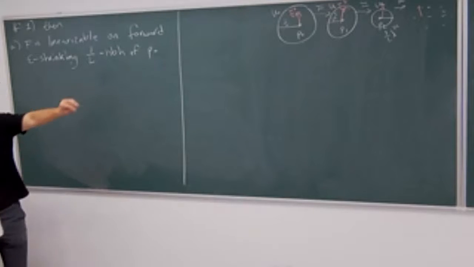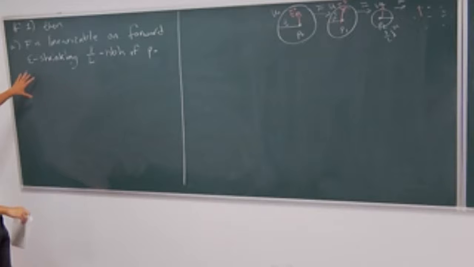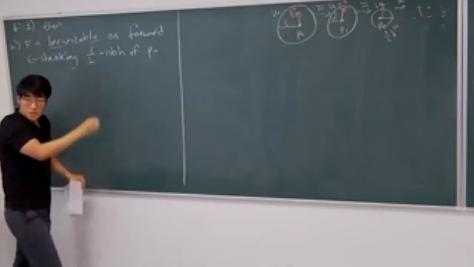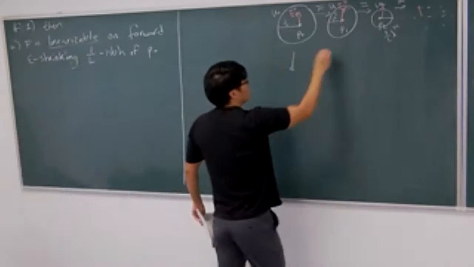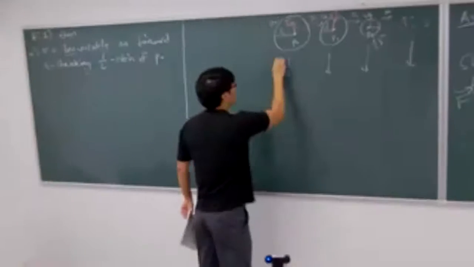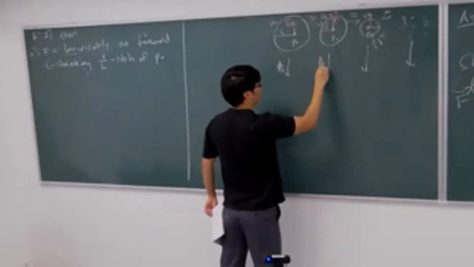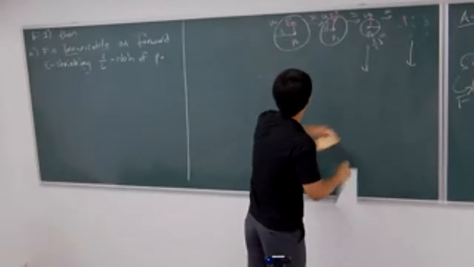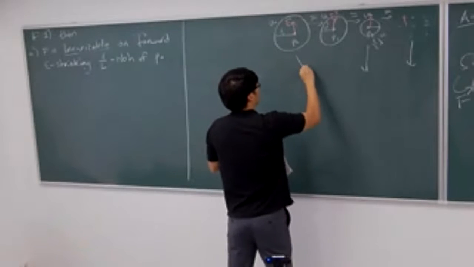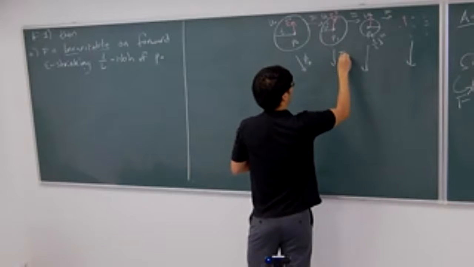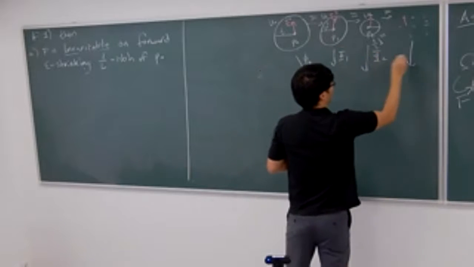So you have a shrinking ball, and F is linearizable, meaning that restricted to these balls, you have this change of coordinates, which I'll call B0, B1. For strategic reasons, let me draw this pointing this way a little bit: P0, P1, P2, and so on.